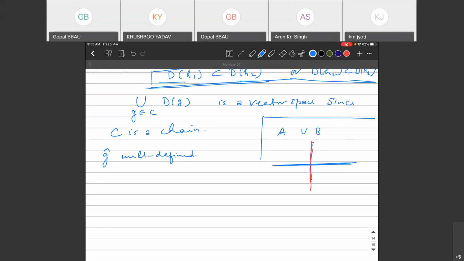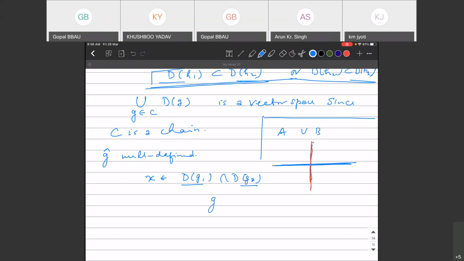If you take any element in the subspace, say x in DG1 intersection DG2, its image under G head would be unique. This is the meaning of well defined: the image of every point should be unique, there should not be two images. So if x comes from DG1 and DG2.